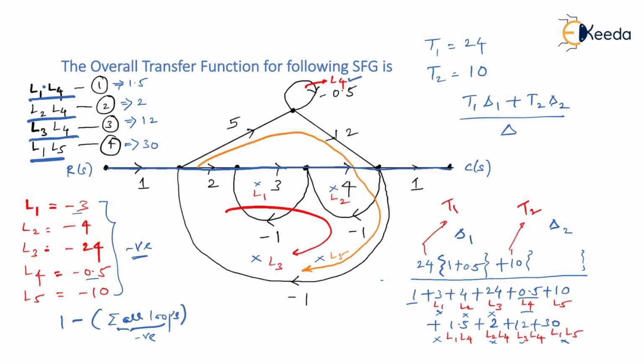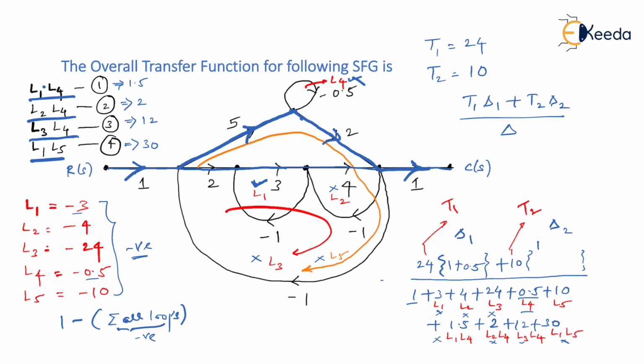Let us see what T2 is first. T2 was this one, that is 5 multiplied by 2, which is 10. Am I right? In this case, we cannot have L4, so L4 we need to cancel. But at the same time, I can go for L1. If you can notice, I can go for L1 because L1 is untouched.